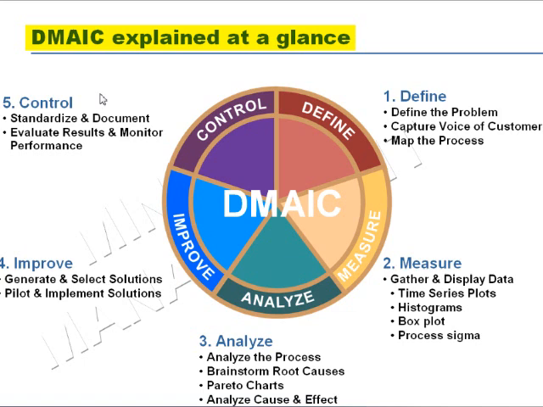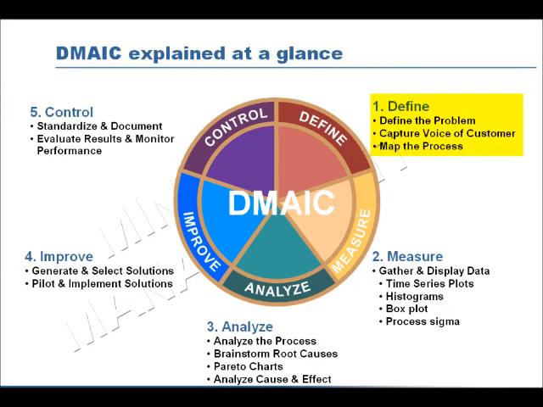DMAIC explained at a glance. This is a very useful snapshot summary of DMAIC activities. In define phase, we define the problem, capture voice of customer, map the process. In measure phase, we gather and display data.